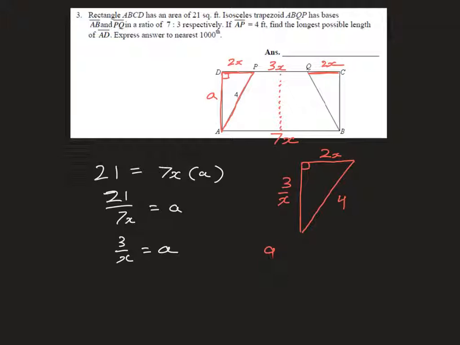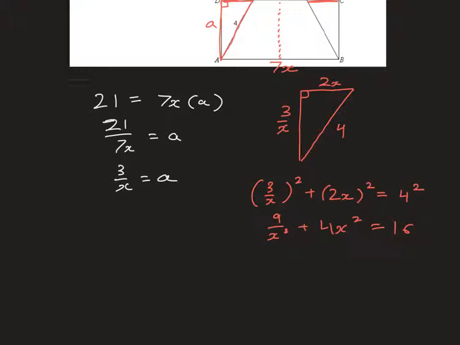Actually, let me show my work. And that gives us 9 over x squared plus 4x squared equals 16.